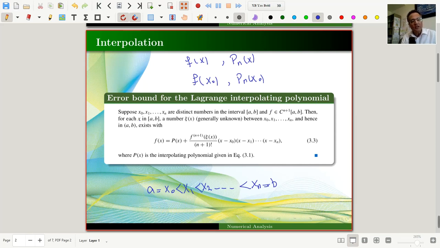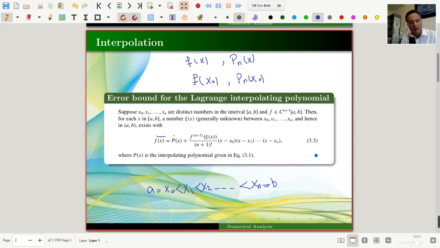Then for each x in the interval [a, b], there is a number ξ(x), meaning that ξ depends on x, between x0, x1 to xn, and hence in [a, b], such that we can write f(x) equal to P(x).